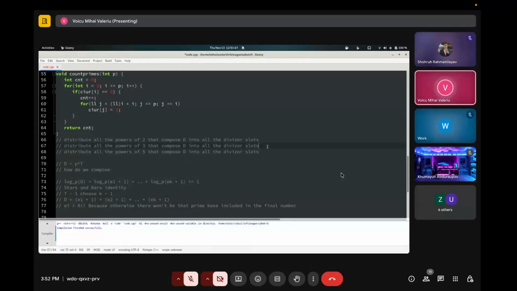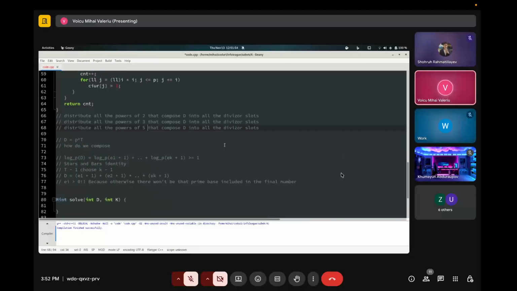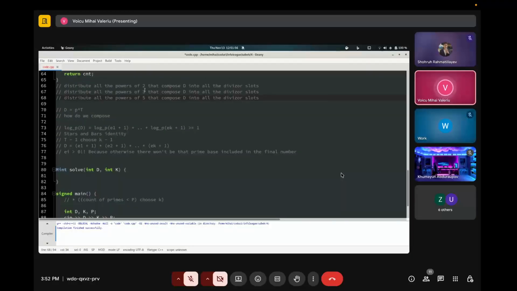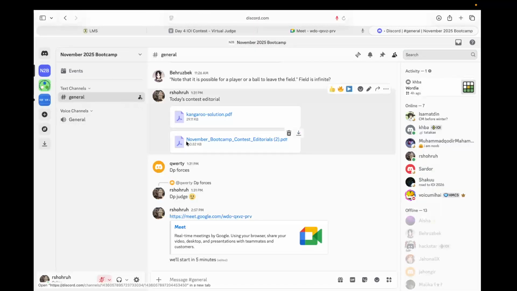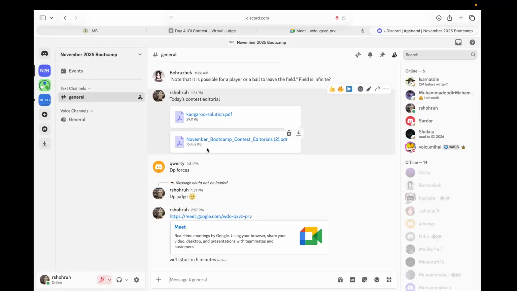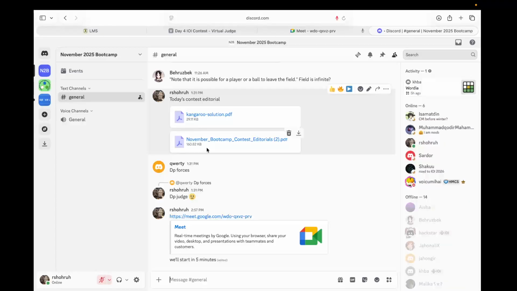And the issue is that when we consider that D is not just the power of P, but the product of powers of multiple primes, we have to distribute all of the other powers too, and forcing that every single prime power is represented at least one time in each divisor would be wrong, because maybe one divisor is just 2 to the power of 3, and another is 3 to the power of 4.